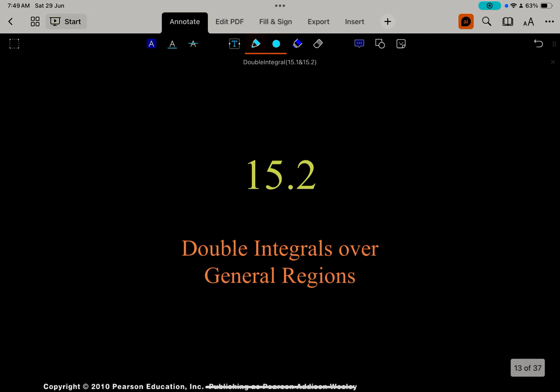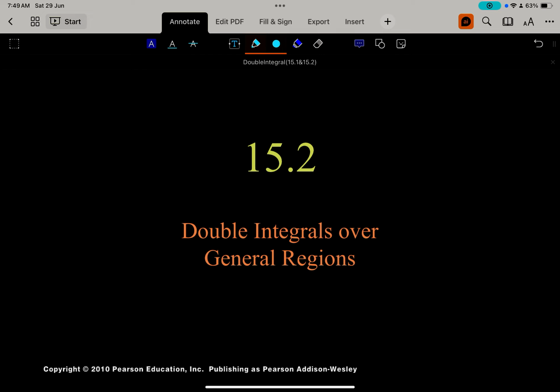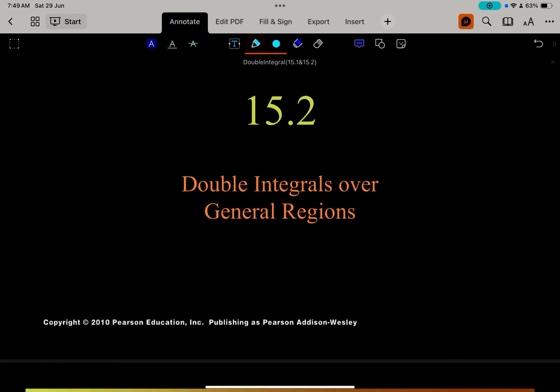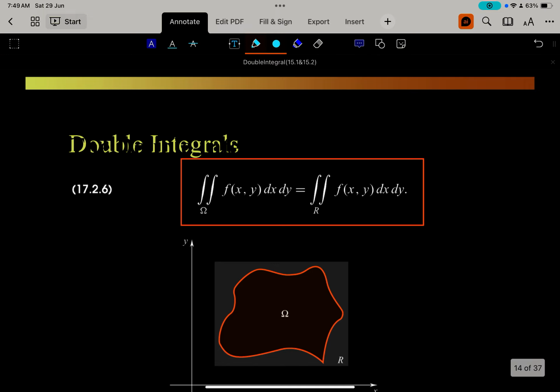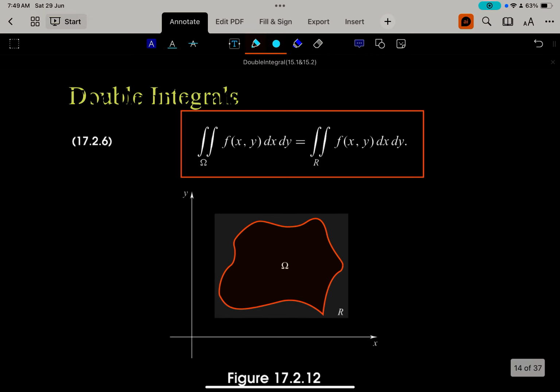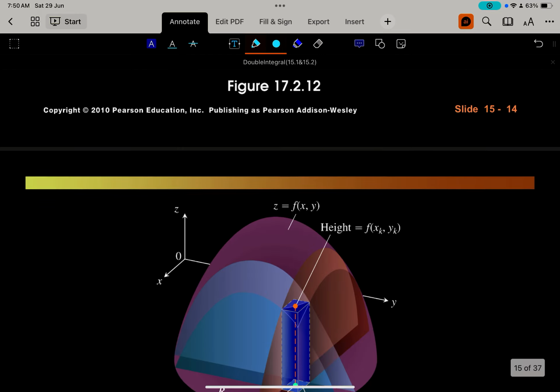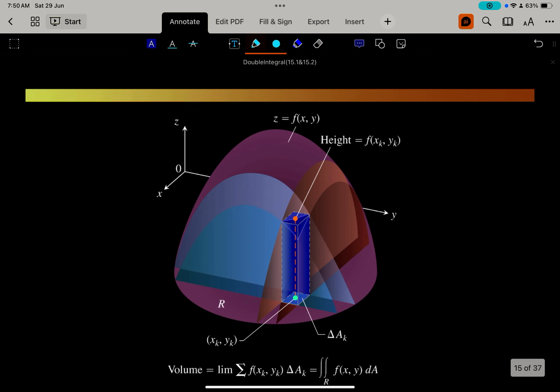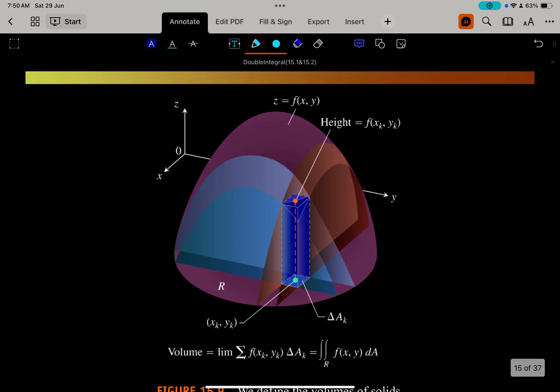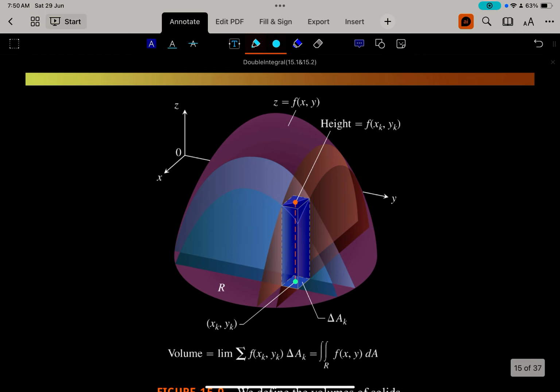And now this is our second part, double integrals over general regions. This is our regular double integral definition. Now this is our irregular region, which is omega, and this is R. This is a good example of what I'm saying.